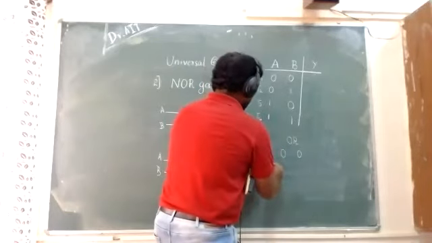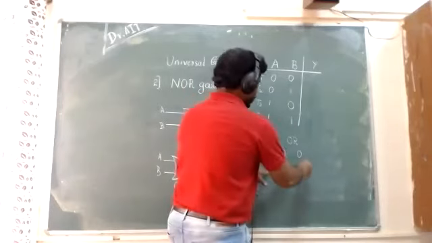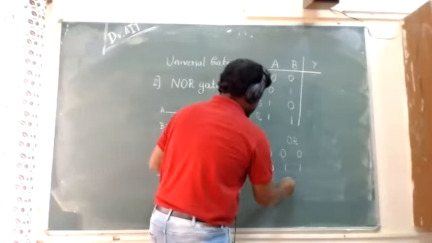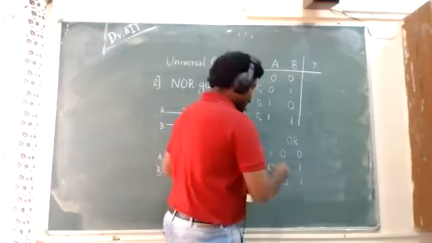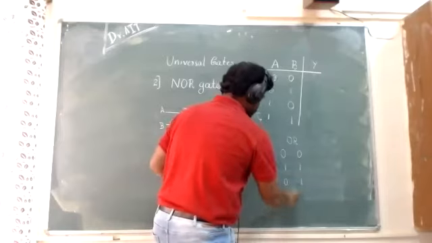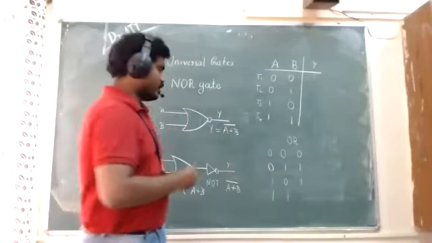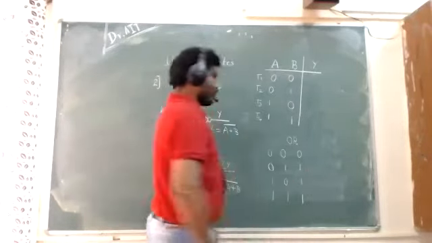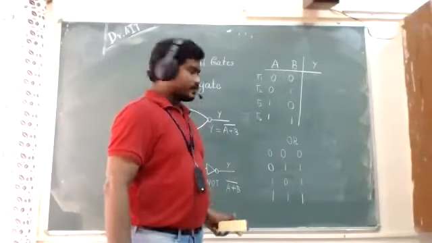And when any one of the inputs is 1, the output is equal to 1. For the next combination, 0, 1 and 0, the output is equal to 1. And when both inputs are logic high, you get the output as logic 1. Now this is the truth table for the OR gate.